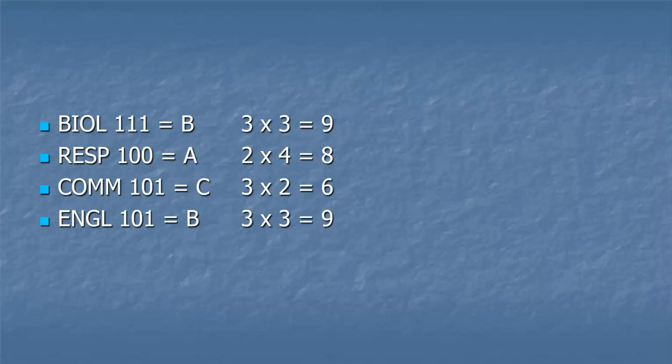That gives us 9. So now you total your quality points. All of these numbers, 9, 8, 6, and 9, added together equals 32 quality points.